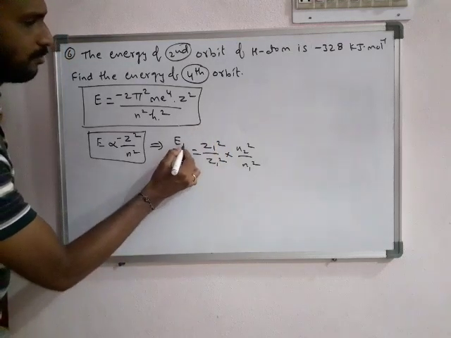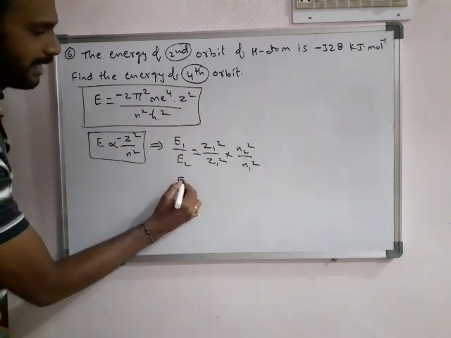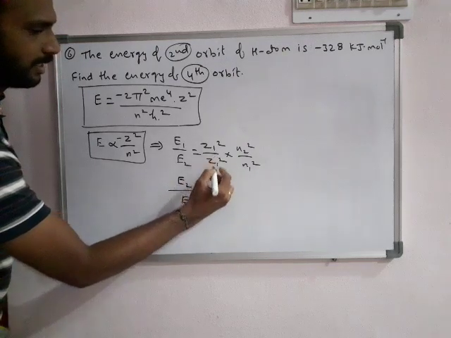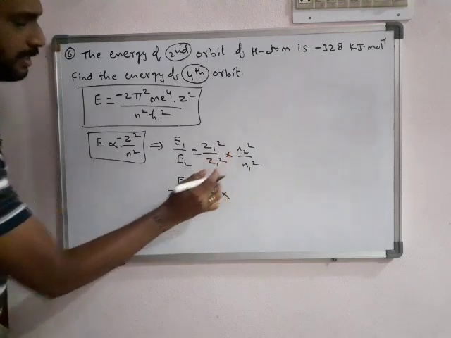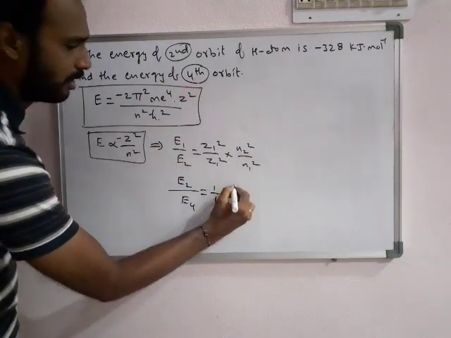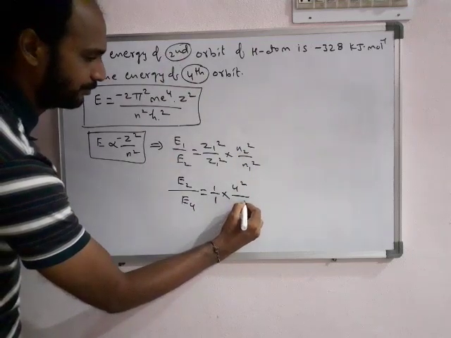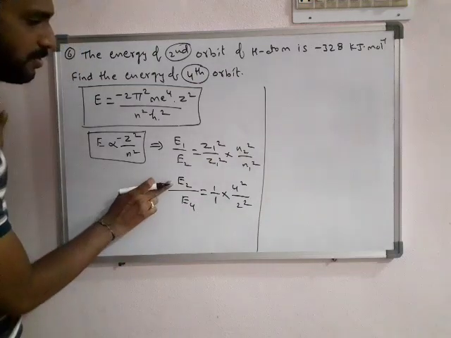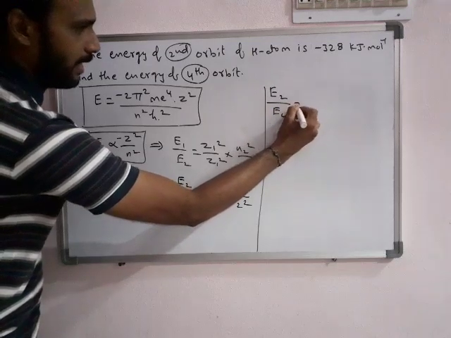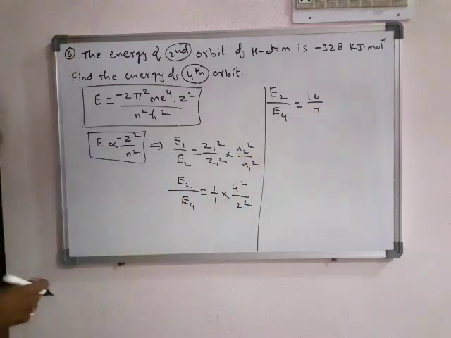So now we can compare the second and fourth orbits. So the energy of the second level by the energy of the fourth level, in the hydrogen atom, no problem in it. Fourth level, 4 square, and second level, 2 square. So directly here we can write energy of the second level by energy of the fourth level is equal to 16 by 4.